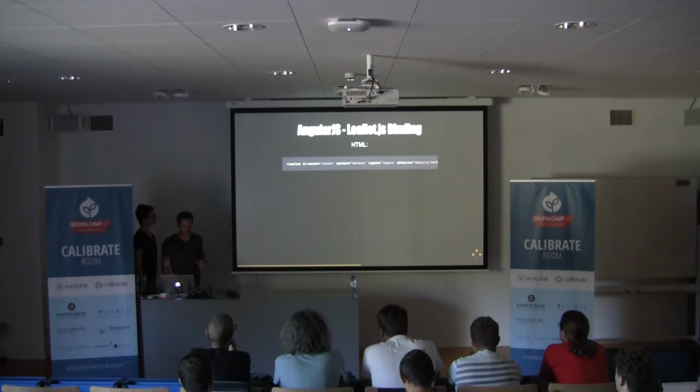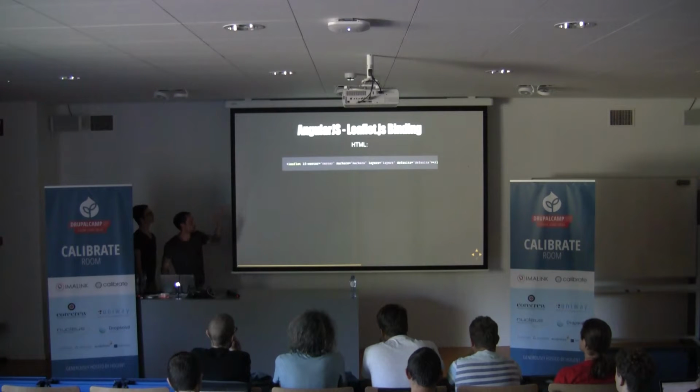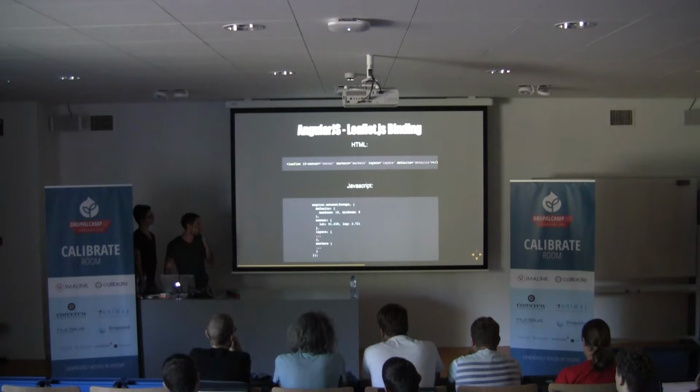Next, we used an Angular directive, so an Angular plugin, to bind Angular and Leaflet together. So the plugin makes Angular and Leaflet work together. So what can we do now? We're telling the Leaflet directive, bind the center of the map with the variable center, bind the markers with the variable markers, bind the layers with the variable layers, and so on. So here we're just defining what has to be mapped with what. How does this look in JavaScript?